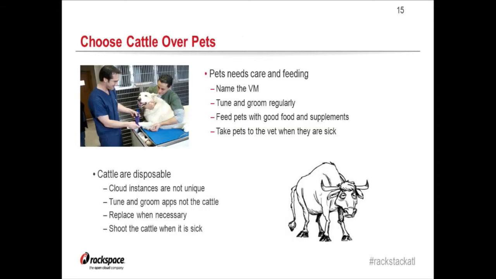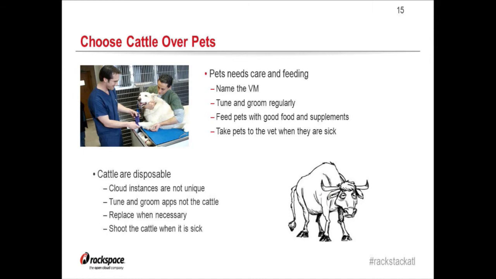And then all this comes to this idea of choosing cattle over pets. What I mean by that is, in the traditional bare metal or virtualized infrastructure world, you treat all the VMs or servers like pets. You take care of them, you know them by name, you feed them well.